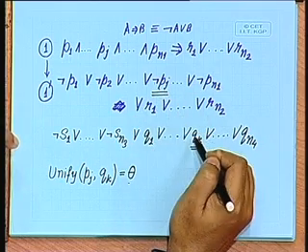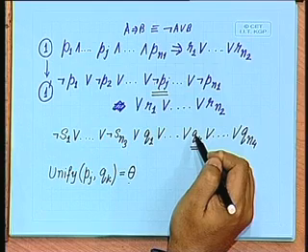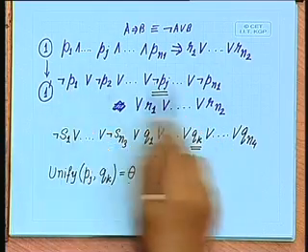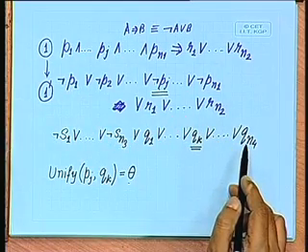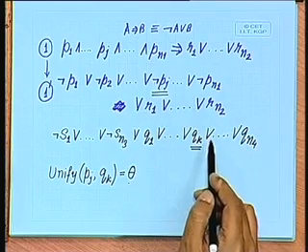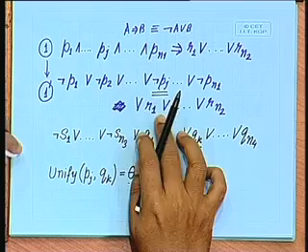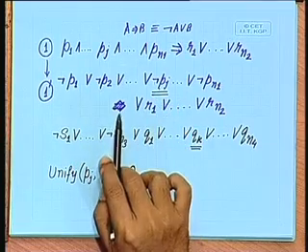So, if either of these two is true, then we can say that the OR of this whole thing is true, right. So, we can deduce the OR of this whole thing, right.